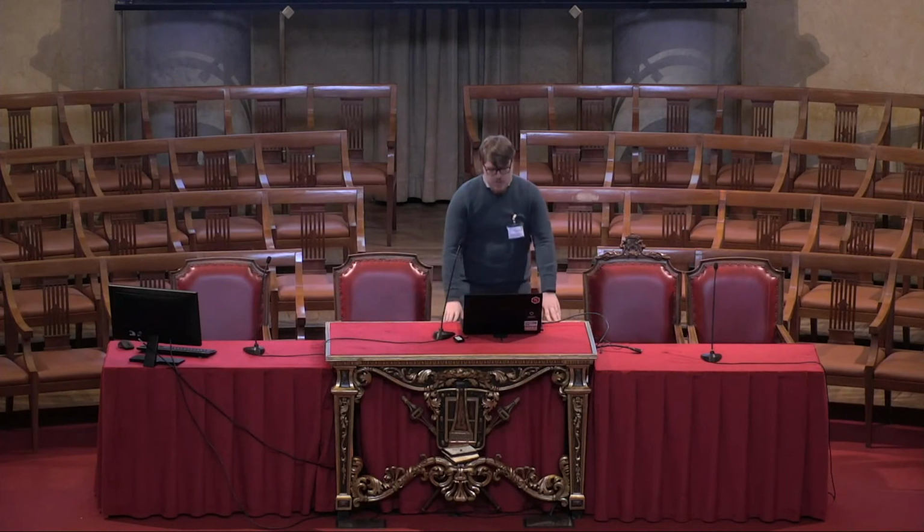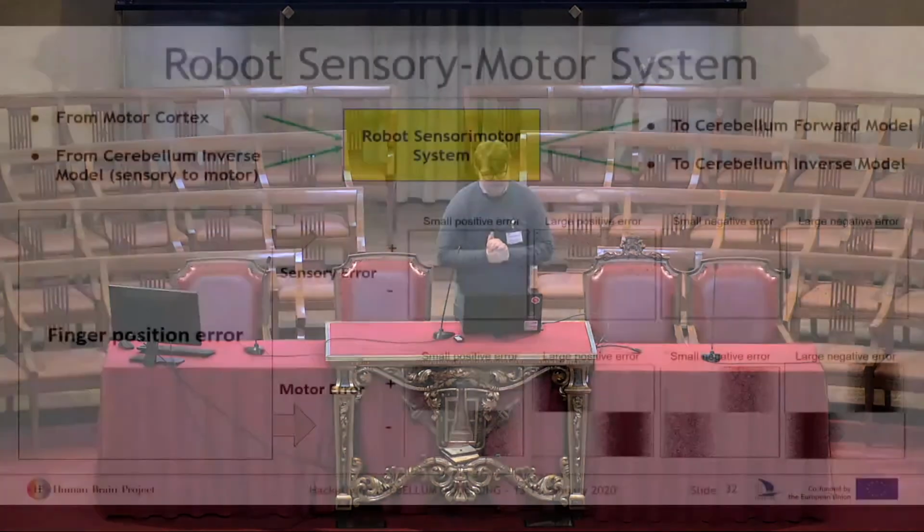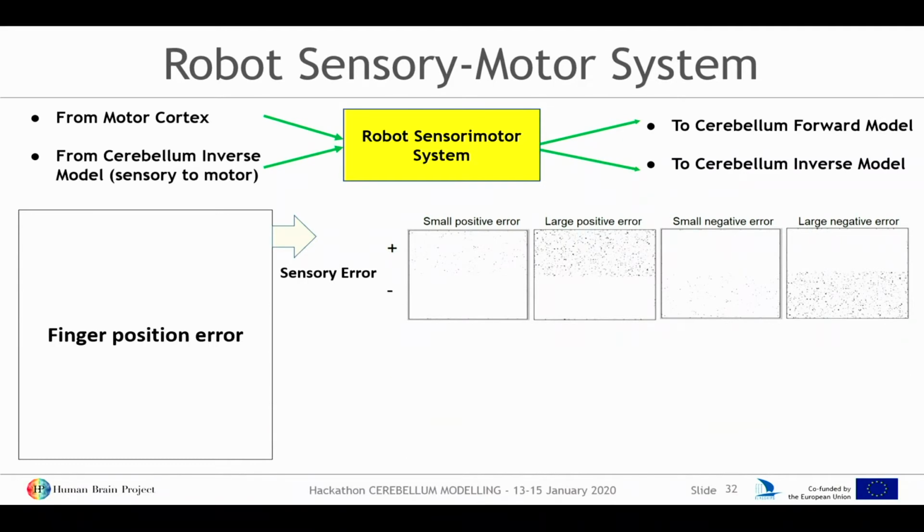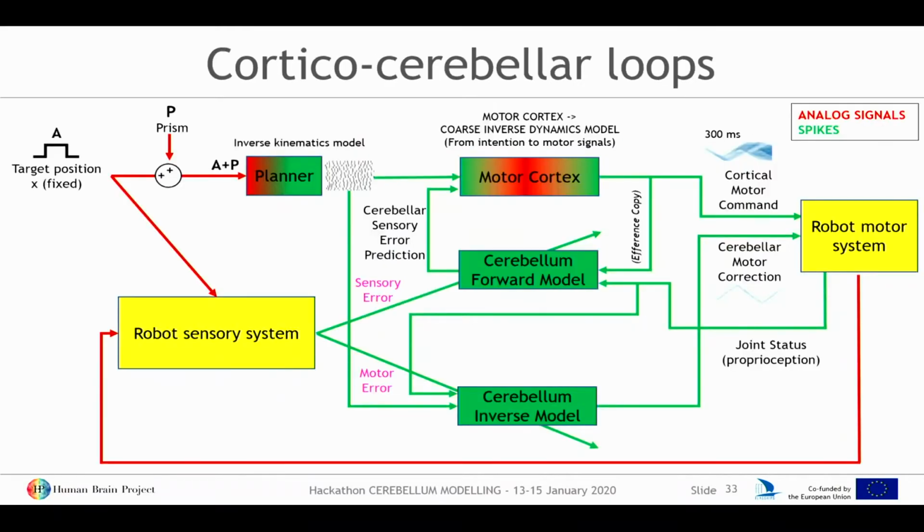Okay, so these are related to what I need to add with my cerebellum. Here we have the two modules. The sensory error goes to the forward model that has to generate a sensory prediction. So from the planner, I receive the information: you have to go to position A plus P. But then when I receive the feedback, I see that I didn't want to go there.